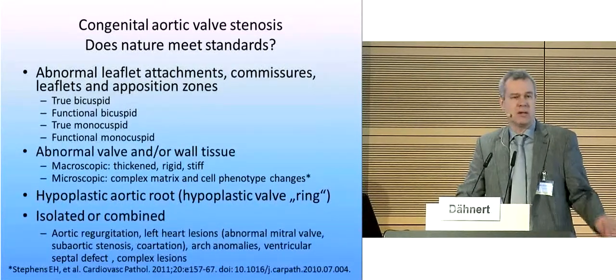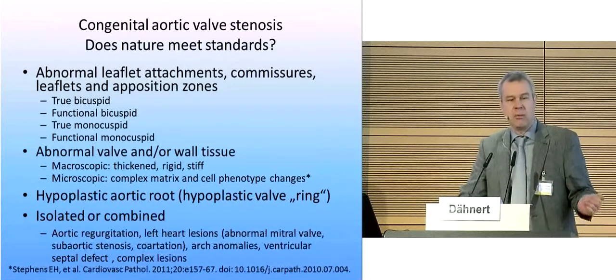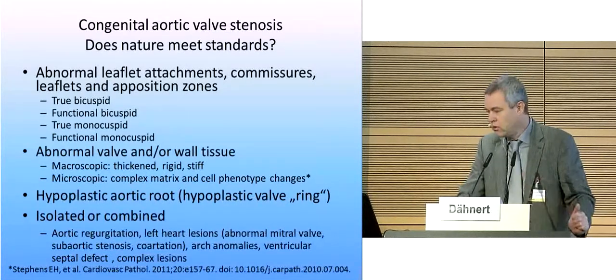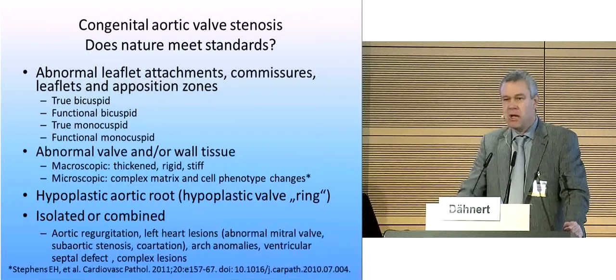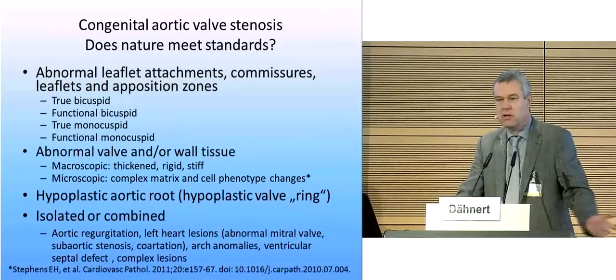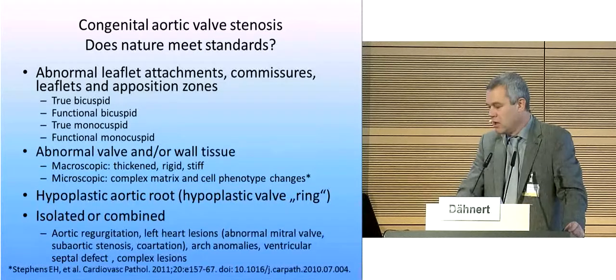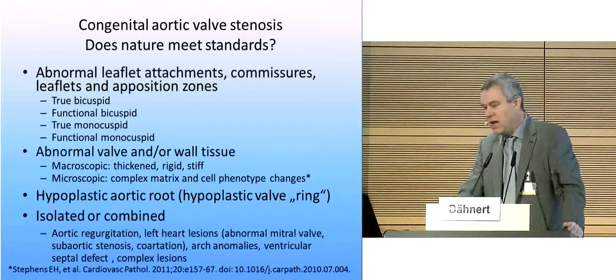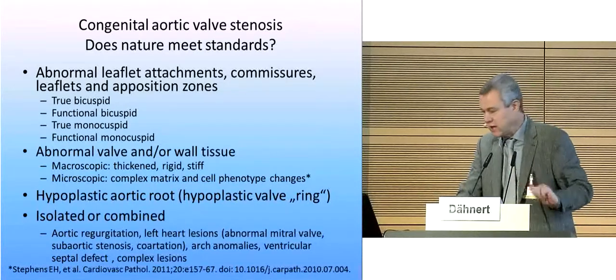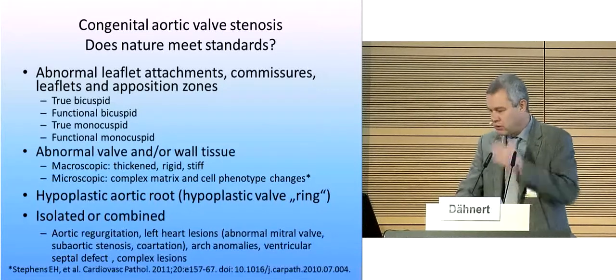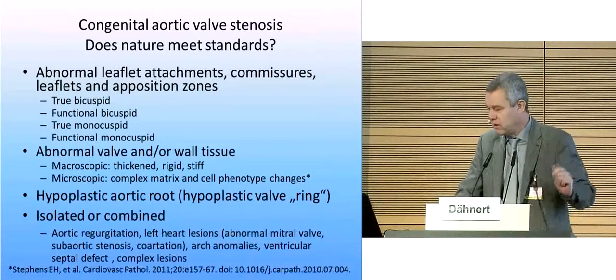Is there a standard about the abnormality of the valves? No, there is no standard, because there can be a lot of things wrong with the valve and not two patients are the same. So we have this true bicuspid, I will not say two leaflet, but bileaflet, or monoleaflet, that's rubbish.